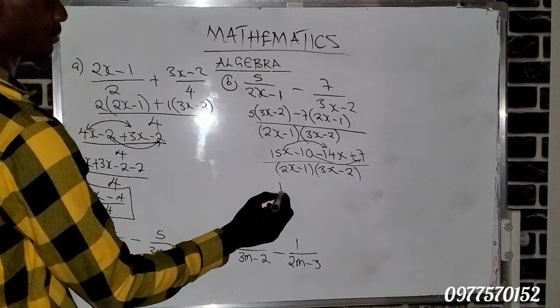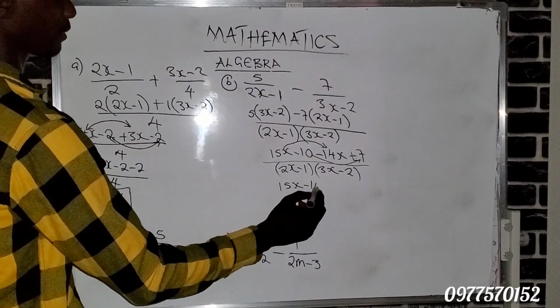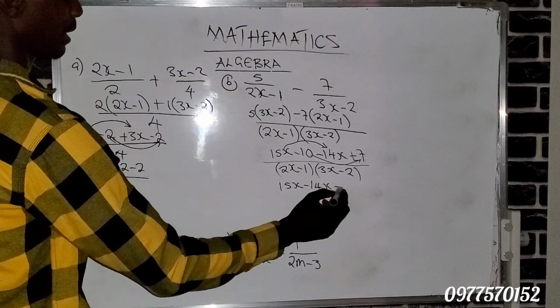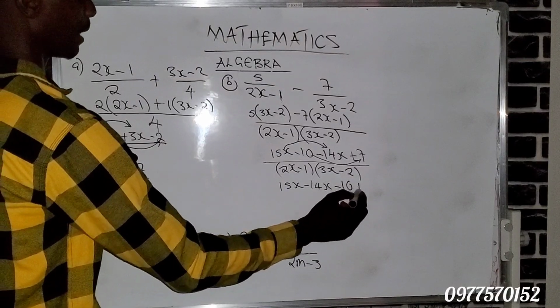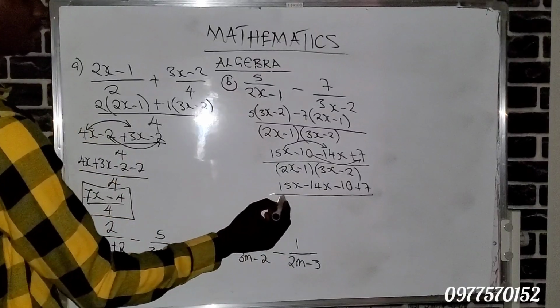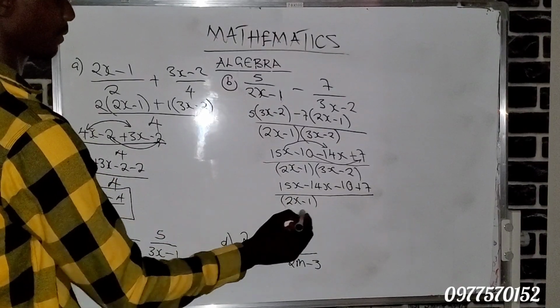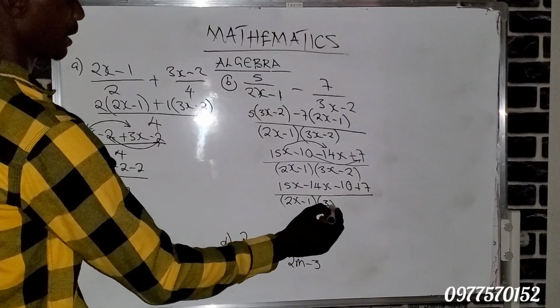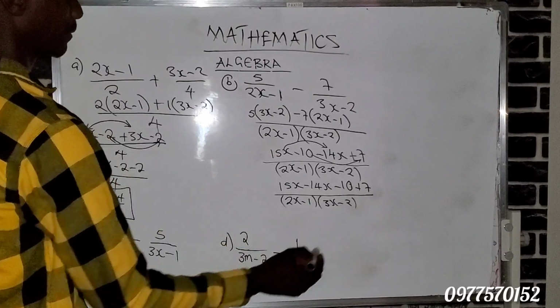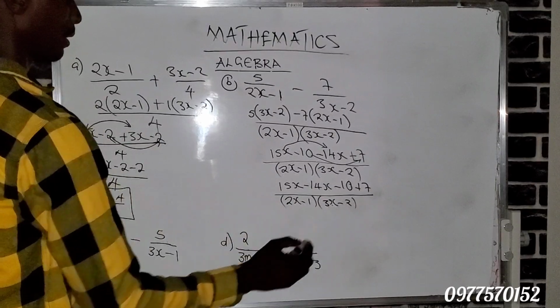So you just group them together as 15x minus 14x minus 10 plus 7, over 2x minus 1 times 3x minus 2.